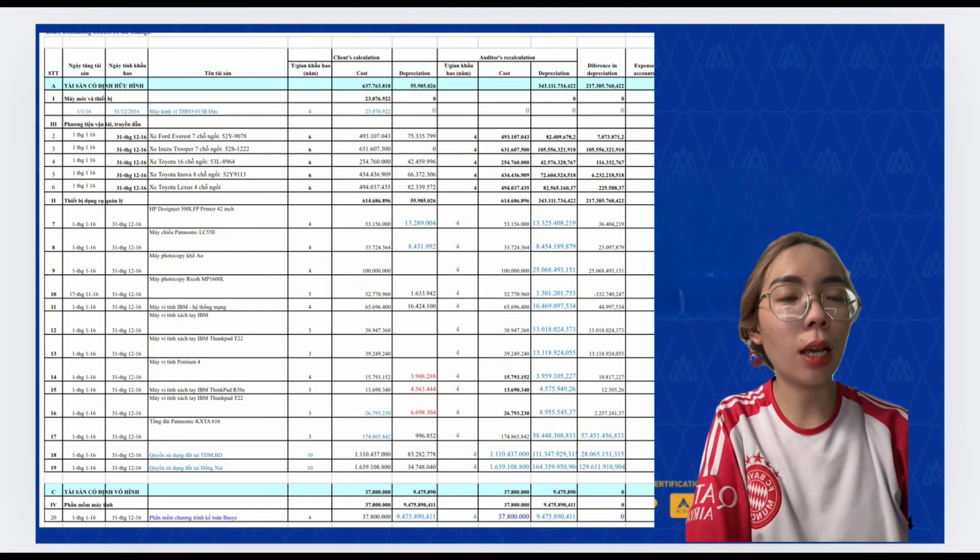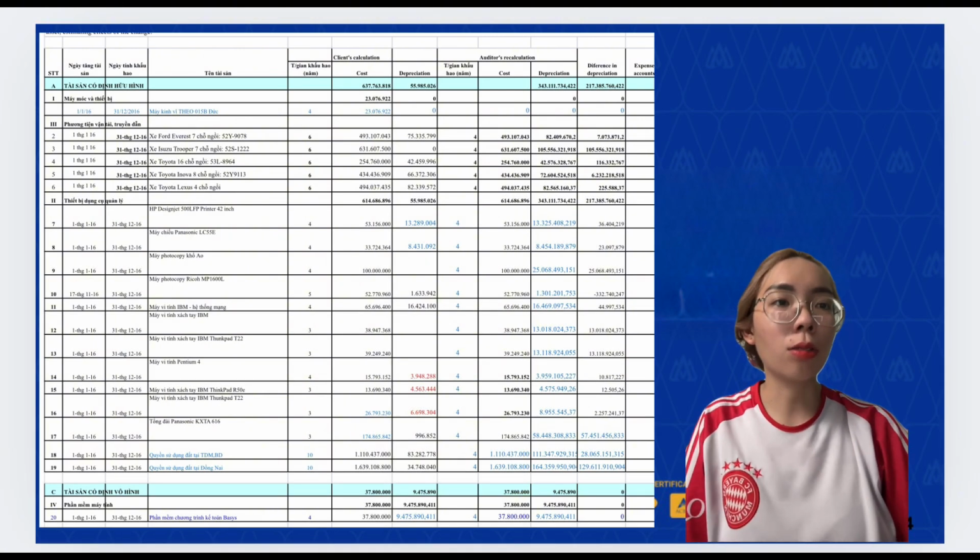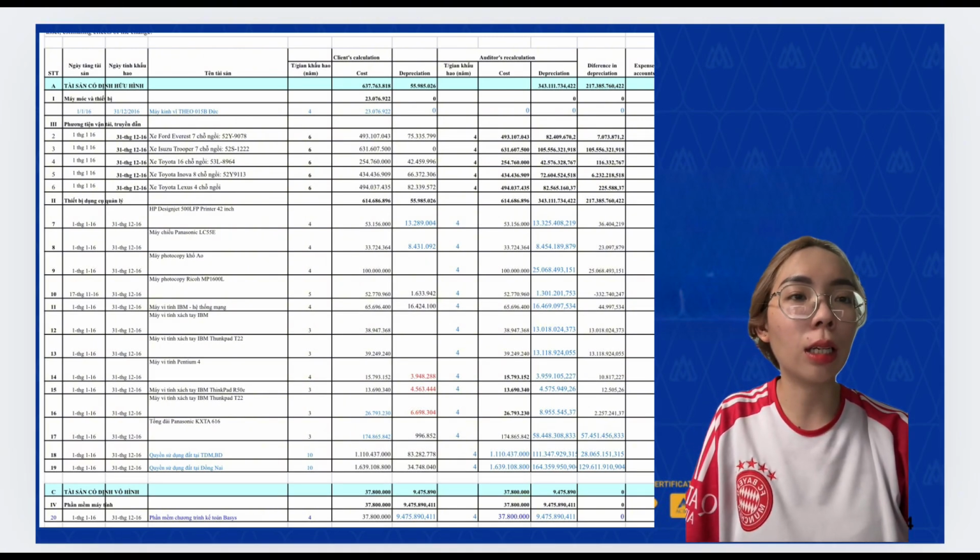For example, the client recorded 1.63 million, but the auditor found out that it was only 1.3 million, so it was adjusted accordingly. The next one is the Panasonic KXTA 616 phone system.